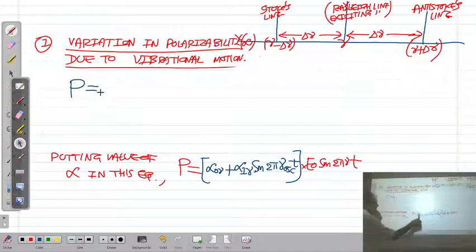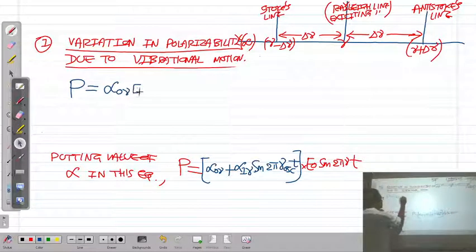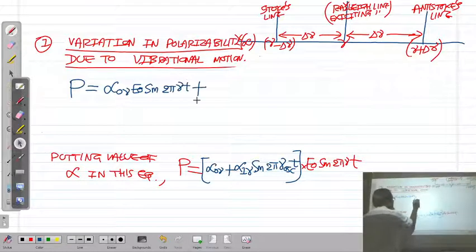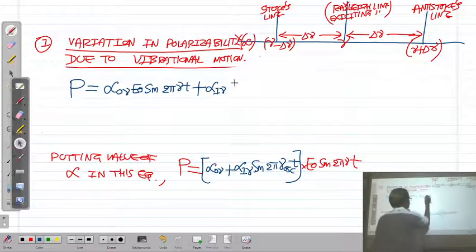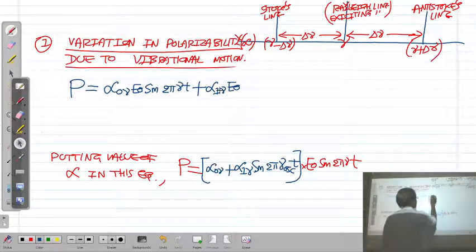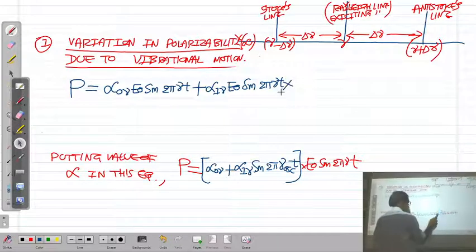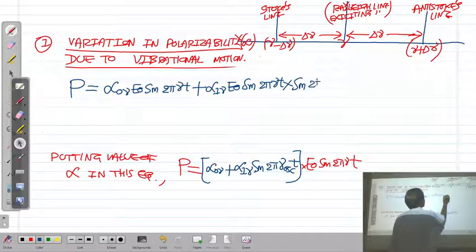P is equal to alpha 0 nu into E0 sin 2 pi nu t plus alpha 1 nu into E0 sin 2 pi nu t into sin 2 pi nu oscillation t.